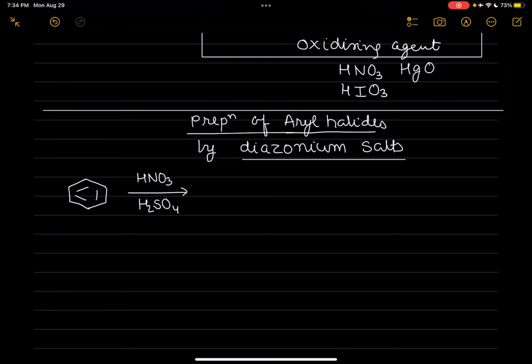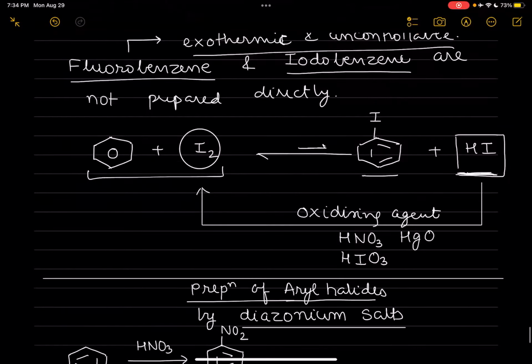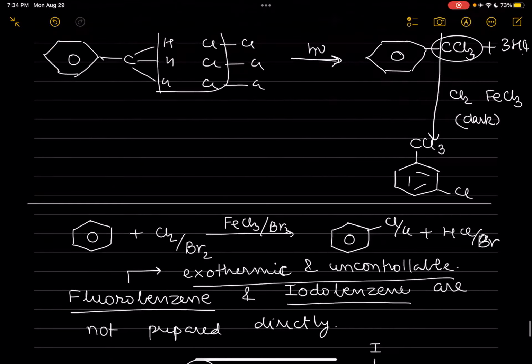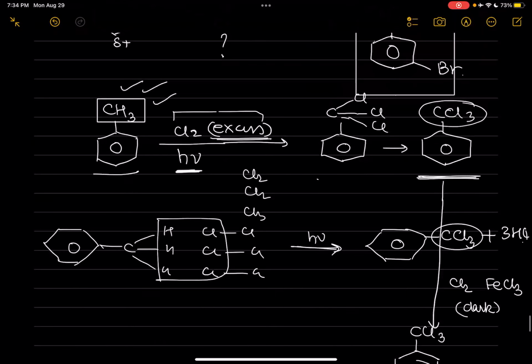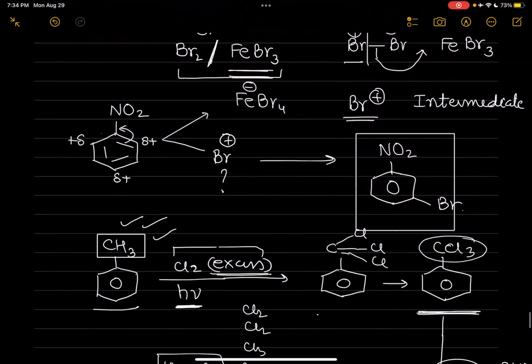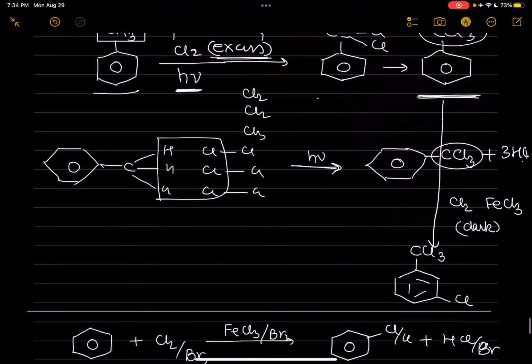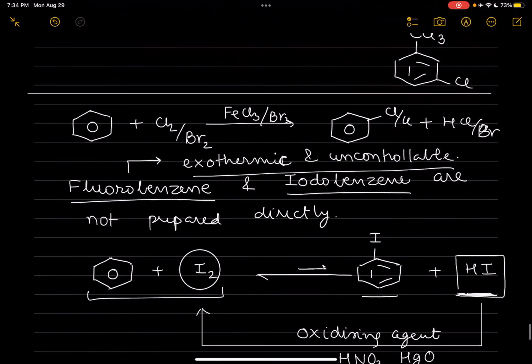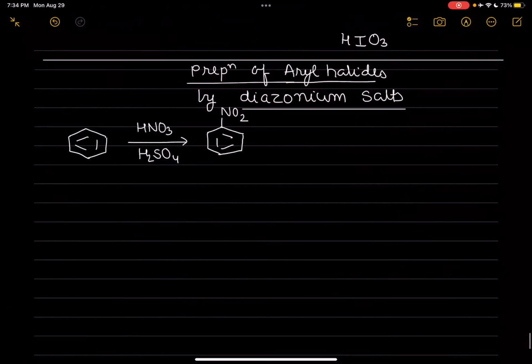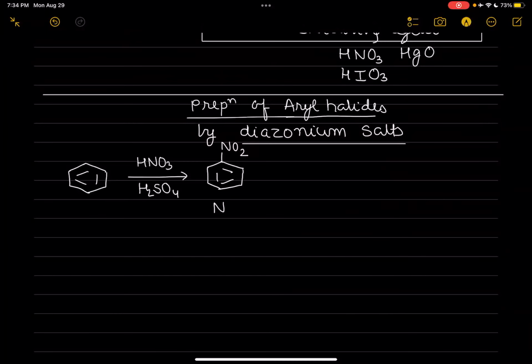H2SO4 removes the water from nitric acid and gives NO2 plus, and you have nitrobenzene. This is also an electrophilic aromatic substitution reaction, the same thing which we have seen over here. There the electrophile was Br plus, here it is NO2 plus. We will study it in the amines chapter. So this is nitrobenzene.